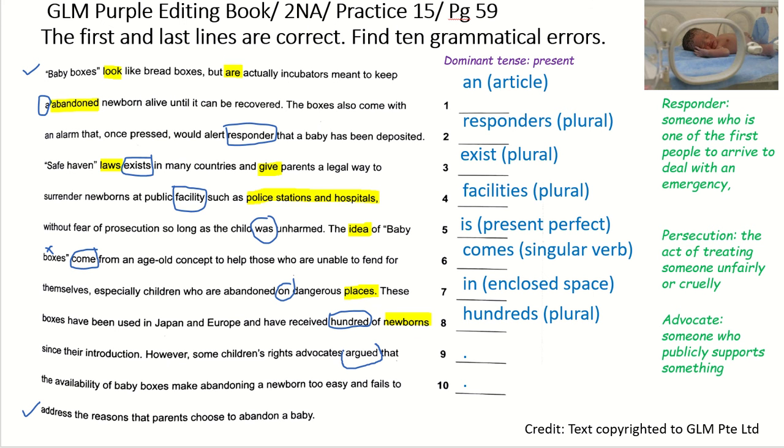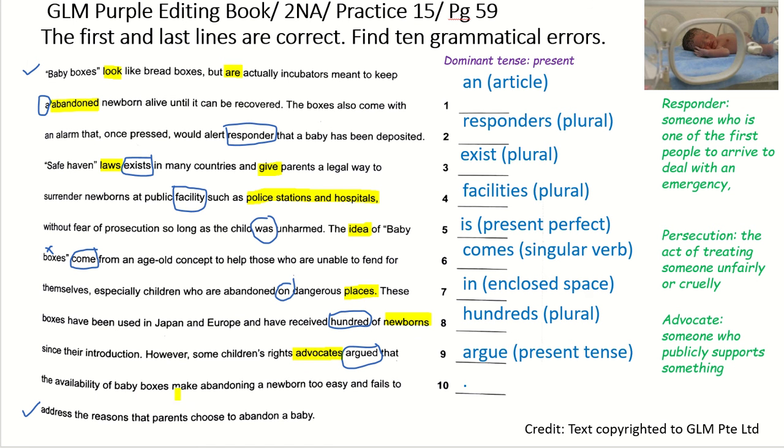Currently, it is still happening. So this should be "argue" in present tense, right? And of course, the word form of it, advocates. So plural subject, plural verb. Okay, so plural verb, argue.